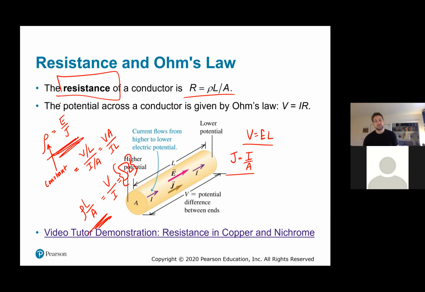The electric potential difference across a conductor that is carrying a current I is proportional to its resistance. This is true. Call it Ohm's law, but think of it like the ideal gas law. It's true in abstract.